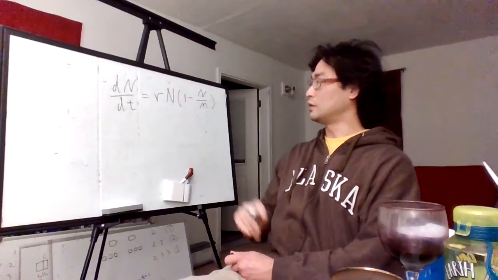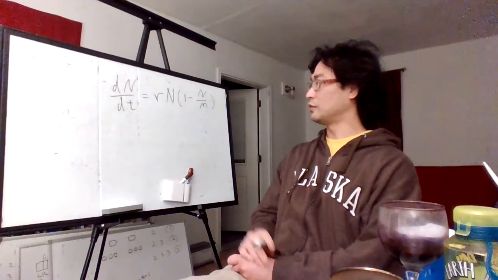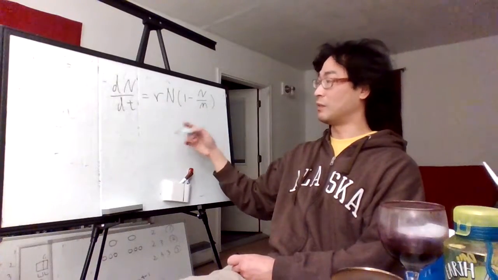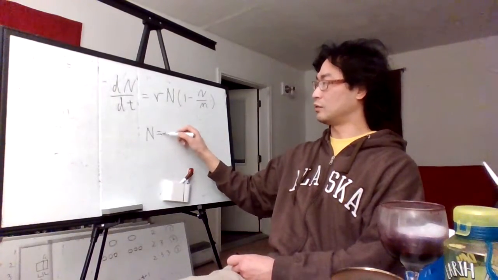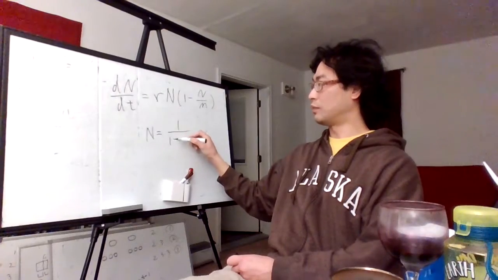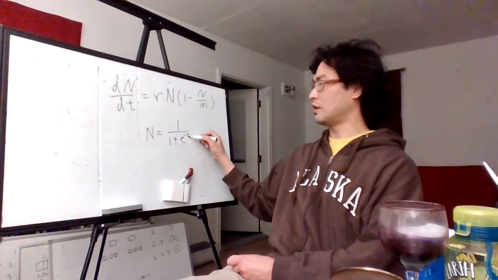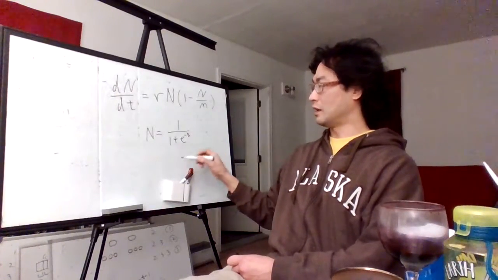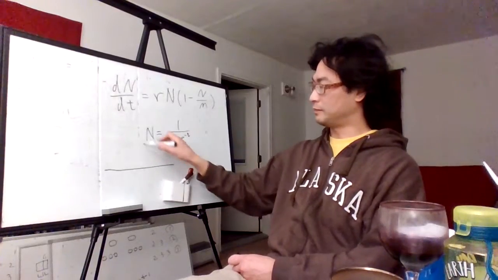That's the logistic function. If you solve this differential equation, it becomes something like N is equal to 1 over 1 plus e to the minus t. Something like this. Yeah, sigmoid function.